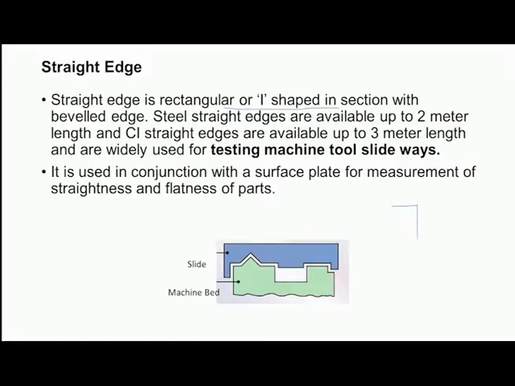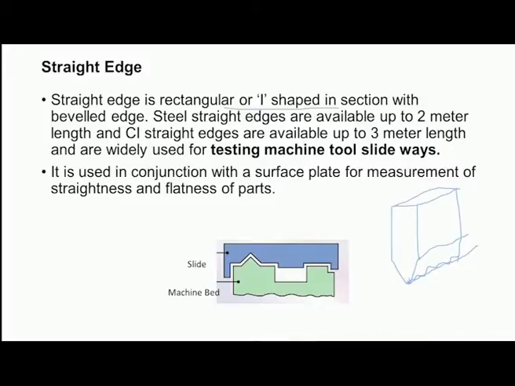So, we have this rectangular shape, and then one end is beveled like this with a small radius at this place, and then the straightness of this particular edge is well within 1 micron depending upon the length.